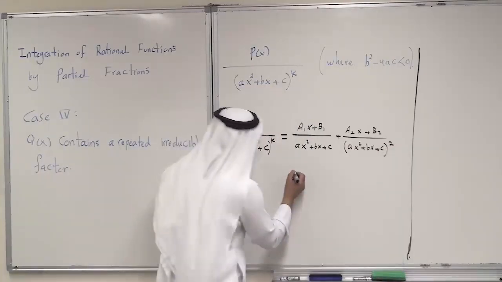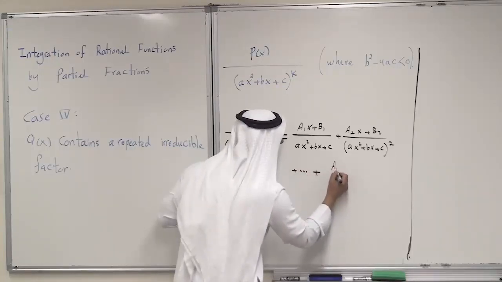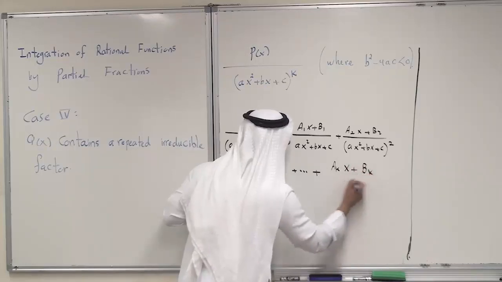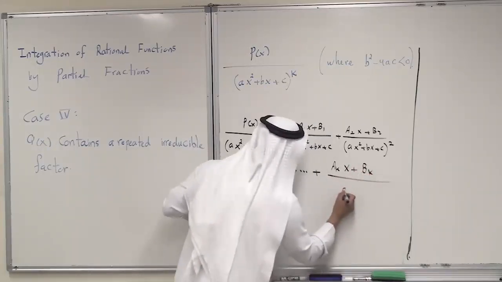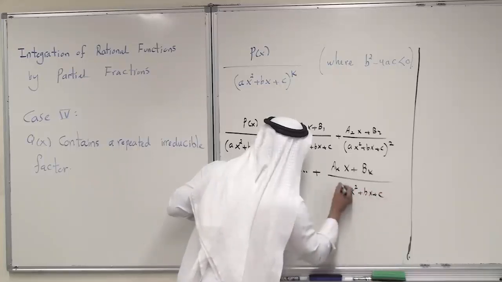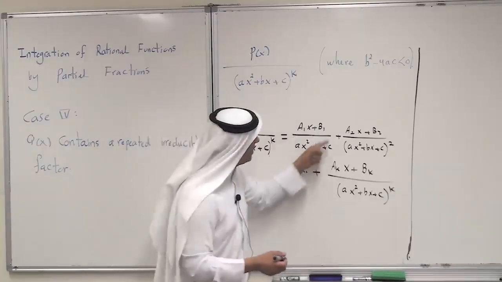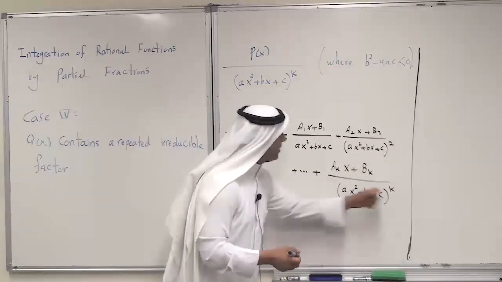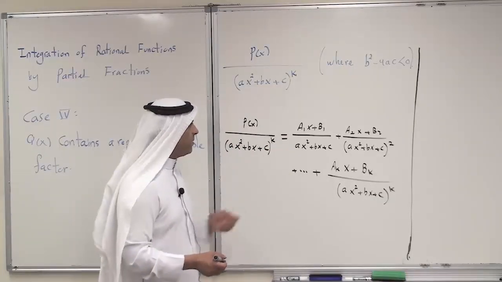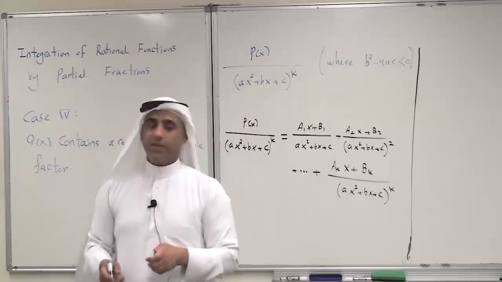We do the same until we reach the last one, which is akx plus bk divided by ax squared plus bx plus c all to the power k. So we start with the first polynomial and the power 1, then we increase the power until we reach the k repetition. If you count, from 1 to k, that is k polynomials of degree 1.